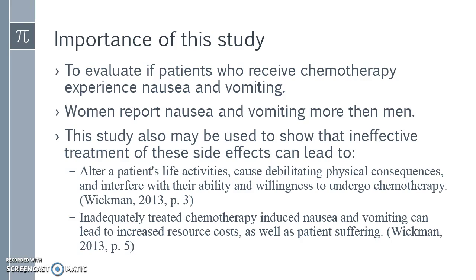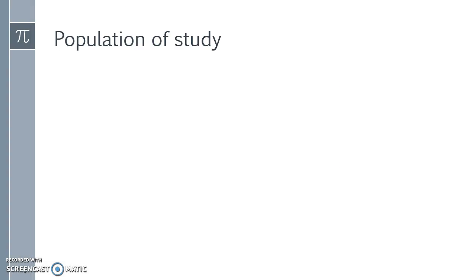It can cause debilitating physical consequences and interfere with their ability and willingness to undergo chemotherapy. Inadequate treatment of chemotherapy-induced nausea and vomiting can also lead to increased resource costs in their medical plans, as well as patient suffering.